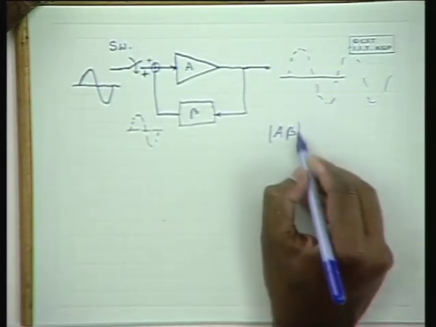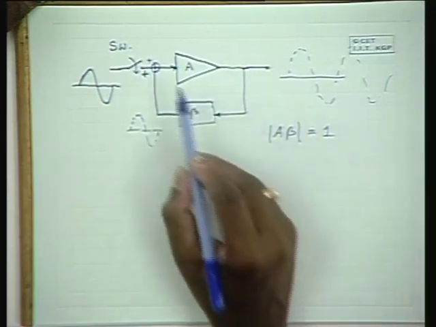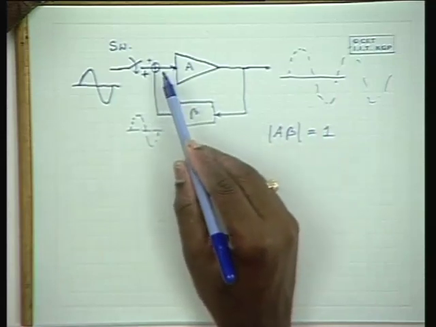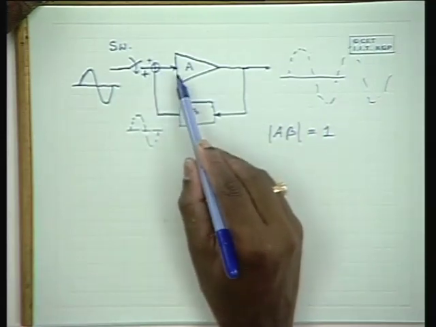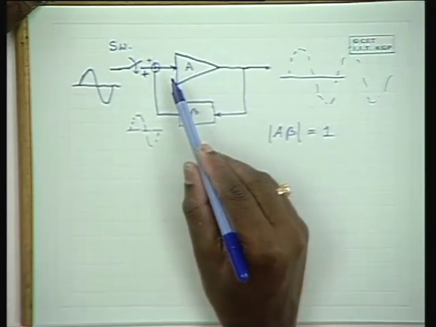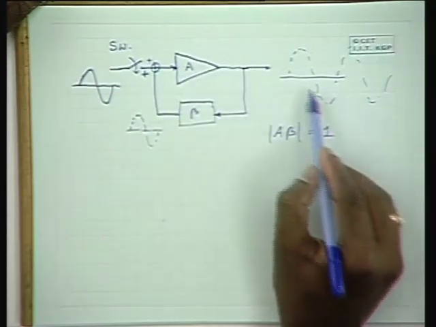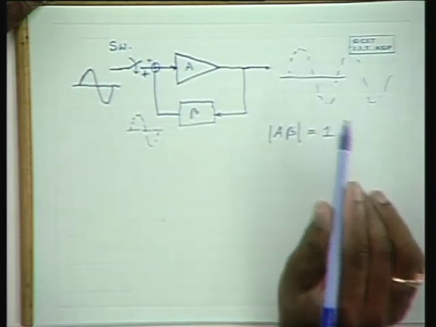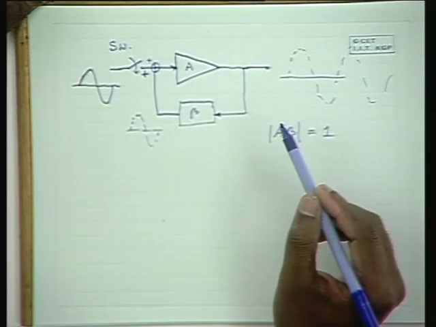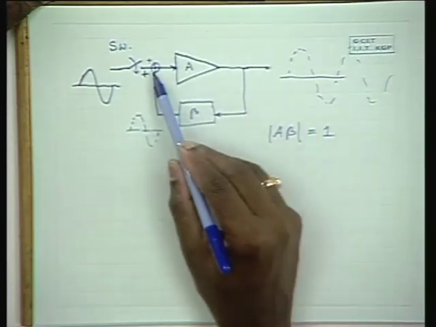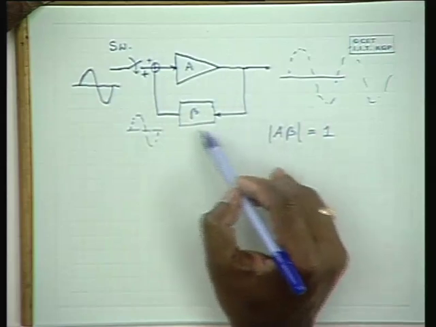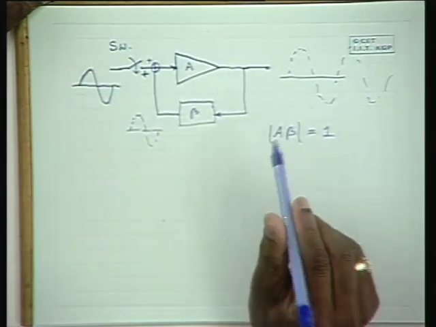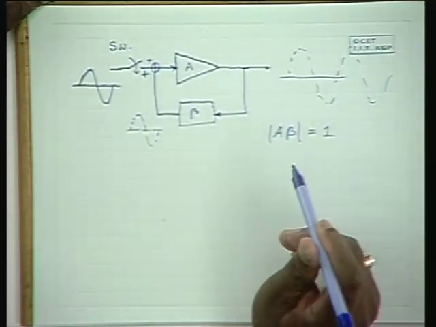If it is 1, then whatever goes into the amplifier will be returned, and the amplitude will remain the same. Hence, the output oscillations will remain at a constant voltage. And please note that this delay has to be of 1 cycle or an integral number of cycles.